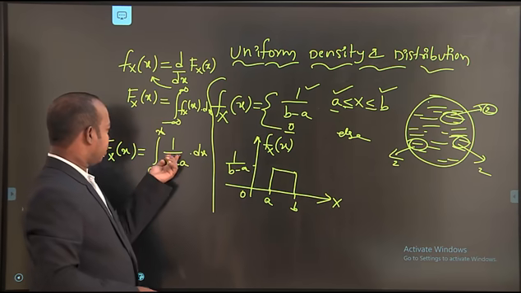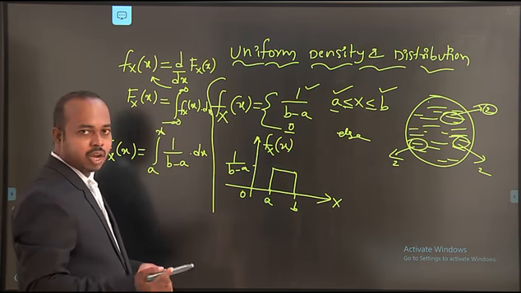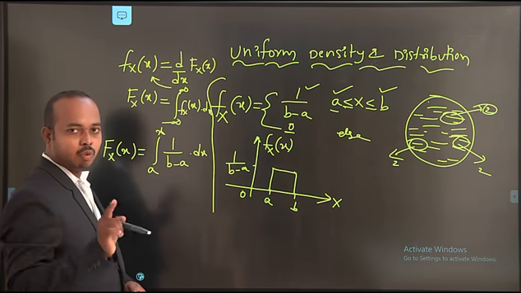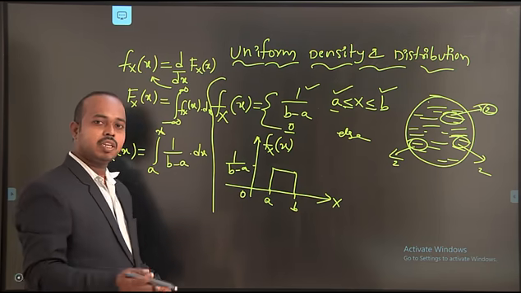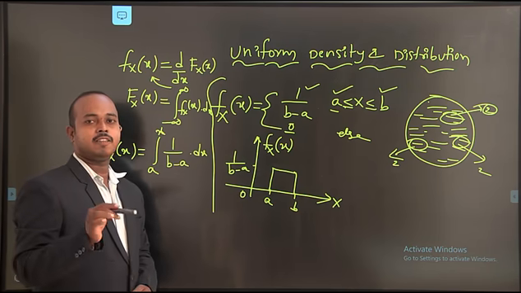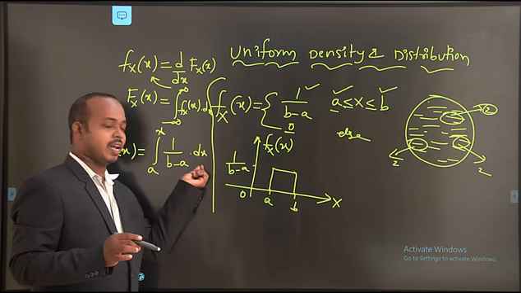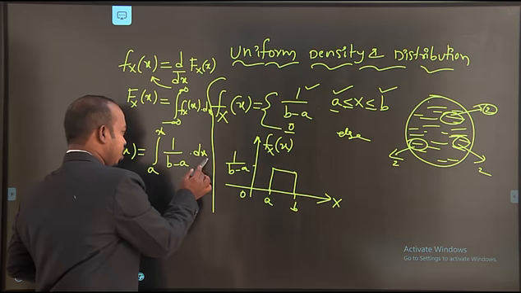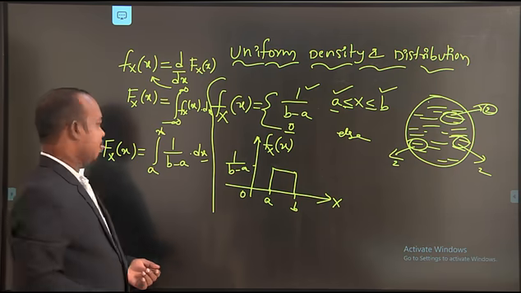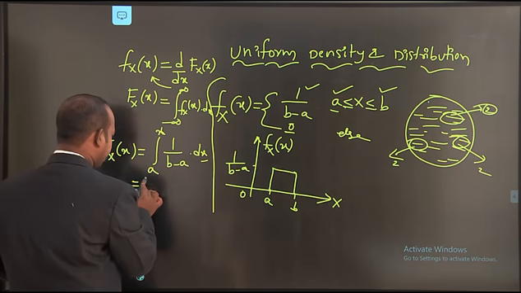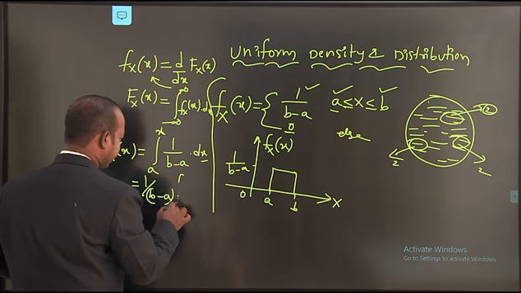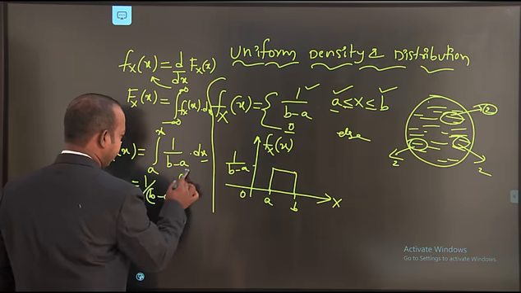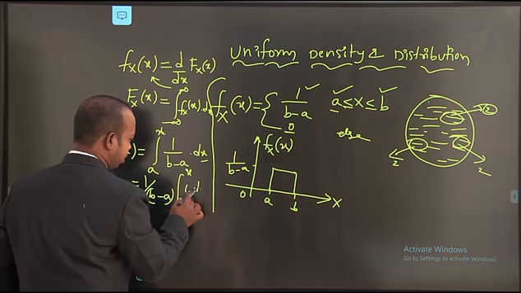For integration, we write based on the variable, which here is x. So 1 by b minus a is a constant, and we have the integral from a to x of 1 dx.